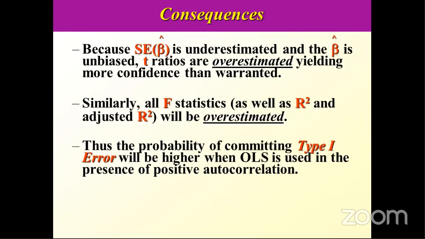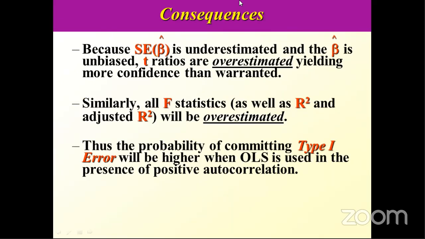Because of these consequences, the probability of committing type 1 error will be higher when OLS is used in the presence of positive autocorrelation. I hope you know the meaning of type 1 error. Type 1 error means rejection of a null hypothesis even though it is true.